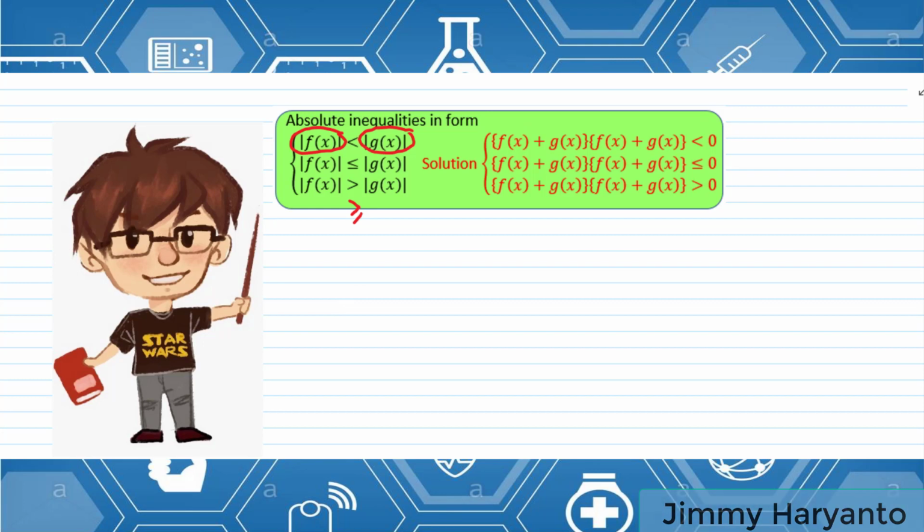This is wrong, it should be minus. So the solution will be f(x) plus g(x) times f(x) minus g(x) less than 0. If the question is less than or equal to, you can change the less than into less than or equal to. How to do this solution? You have to follow these steps.